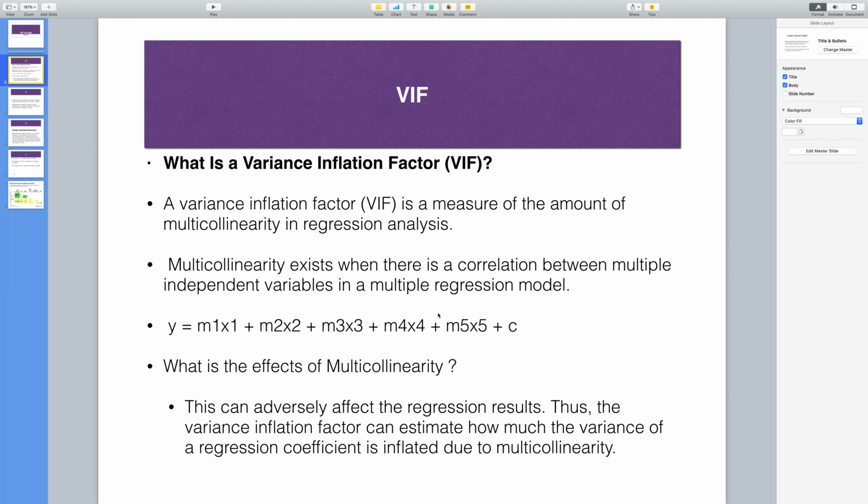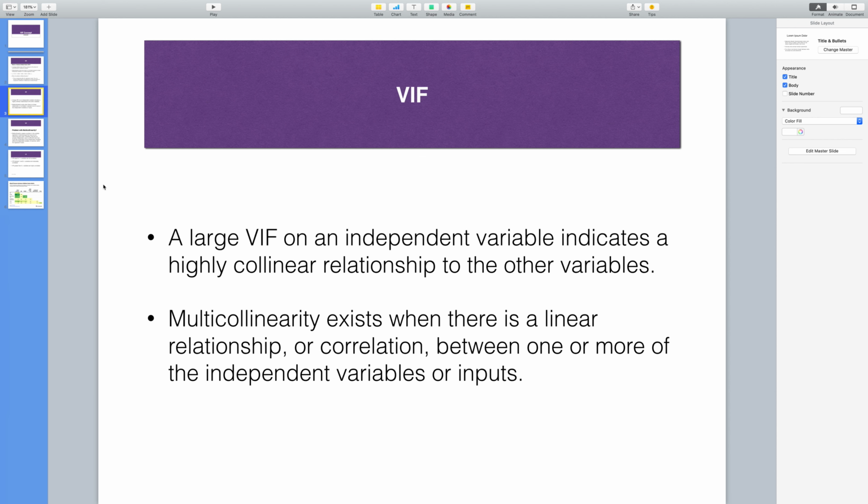So I hope you got a bit of a context. Let's deep dive into the next page. Over here, a large VIF on an independent variable indicates a high collinear relationship to the other variables, while multicollinearity exists when there is a linear relationship or correlation between one or more of the independent variables.